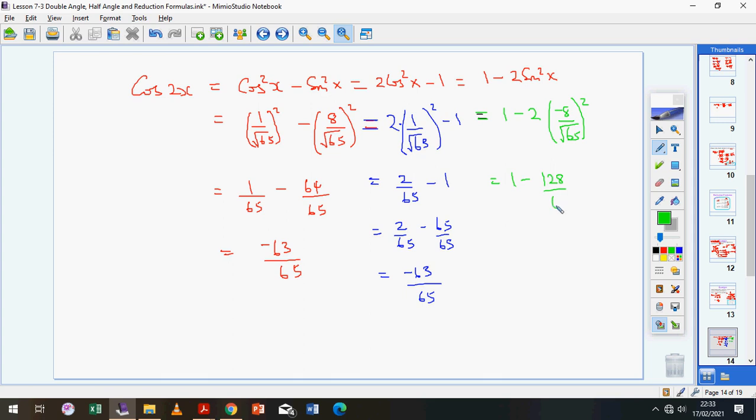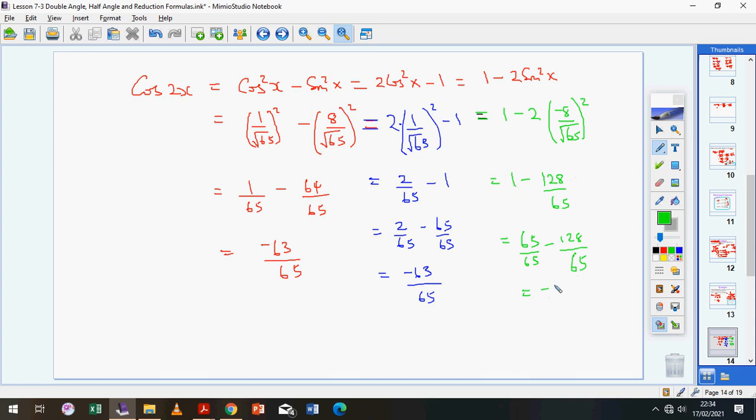So this is basically 65 over 65 minus 128 over 65. 64 times 2 is 128, yes. So when I subtract that, I should get negative 63 over 65.